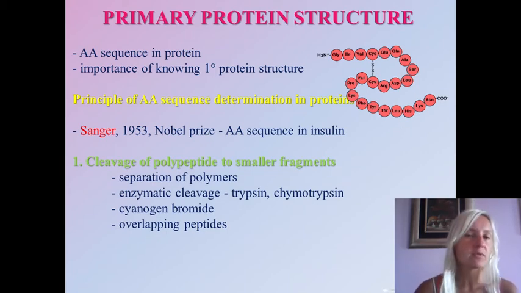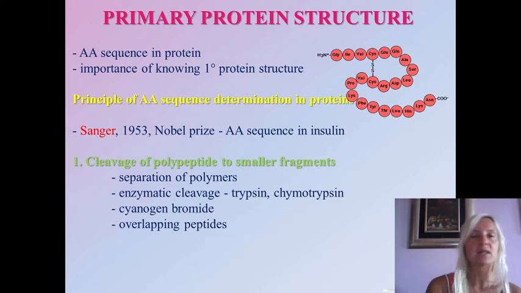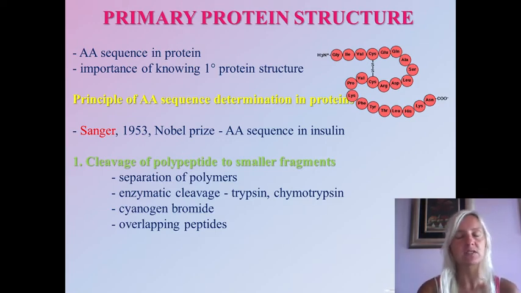Knowing the primary structure is very important for several reasons. I mentioned at the very beginning that the sequence of amino acids is directly connected to the sequence of nucleotides on DNA. So if a mutation happens, the consequence can be a change in the structure of amino acids in a specific protein.